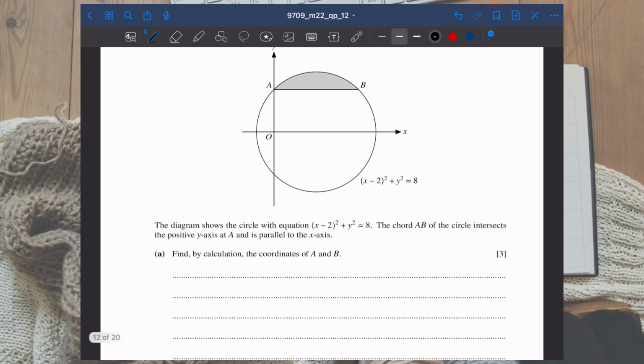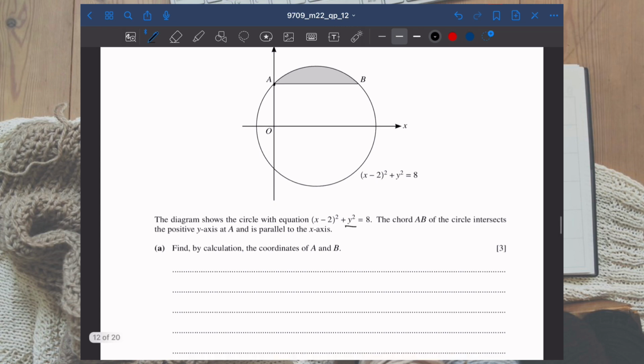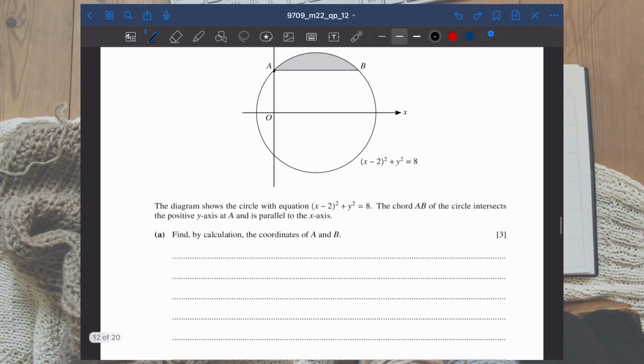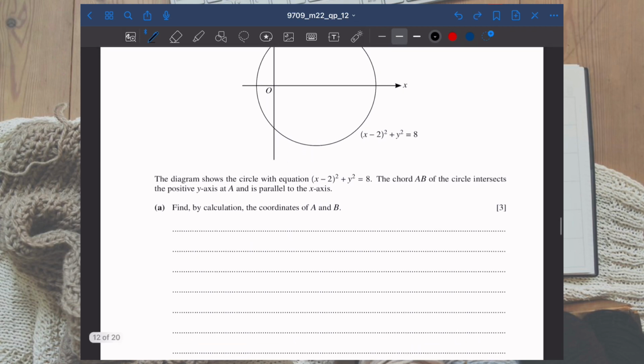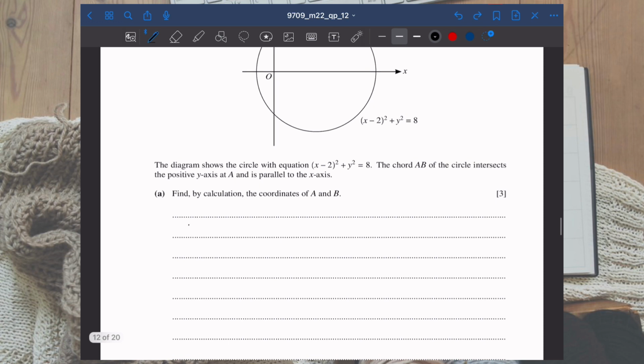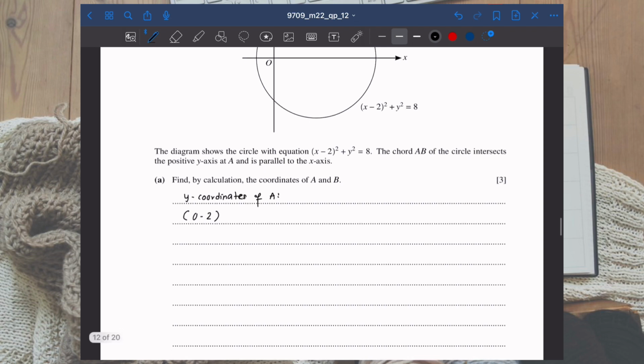Right, we see here that A intersects at the y-axis, so the x-coordinate for A will be 0. Substituting that, we get (0 − 2)² + y² = 8.